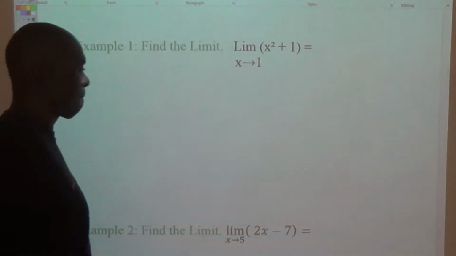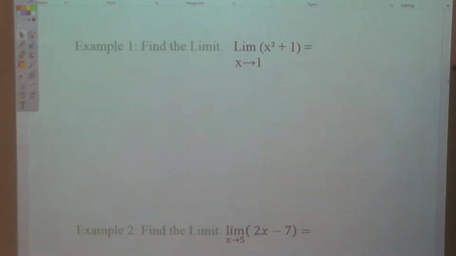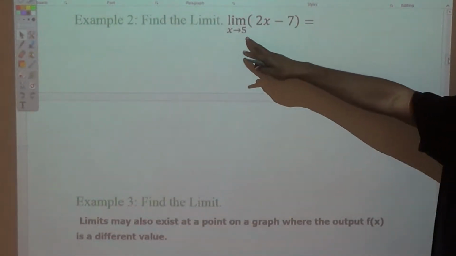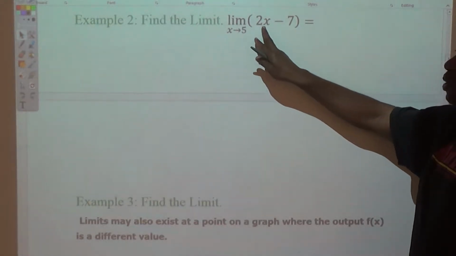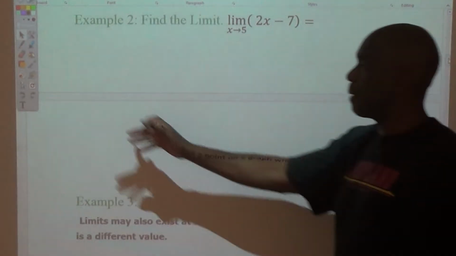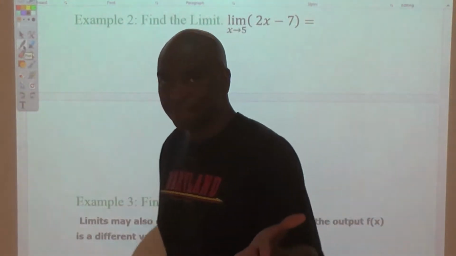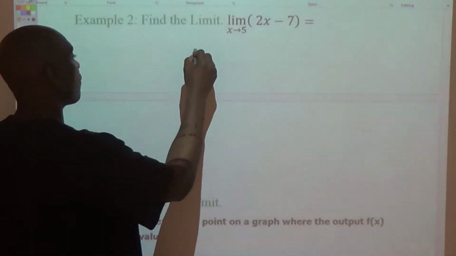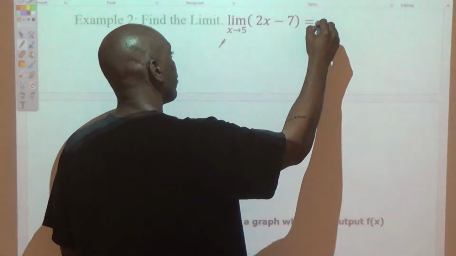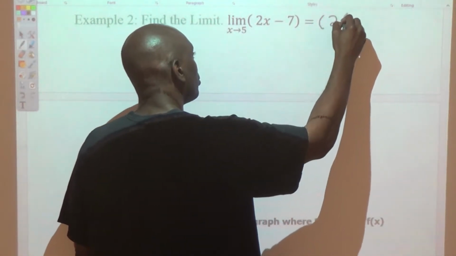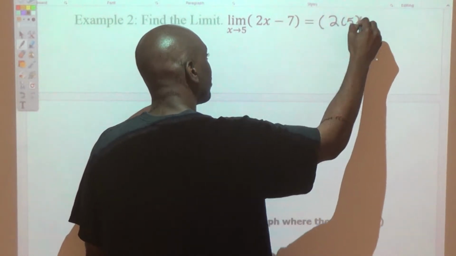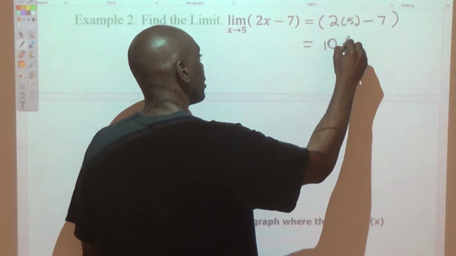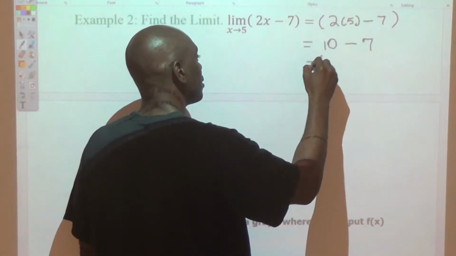Okay, let's go further. Find the limit as x approaches 5 of 2x minus 7. Again, direct substitution. Always try that first. So this is going to equal 2 times 5 minus 7, which is 10 minus 7, which equals 3.